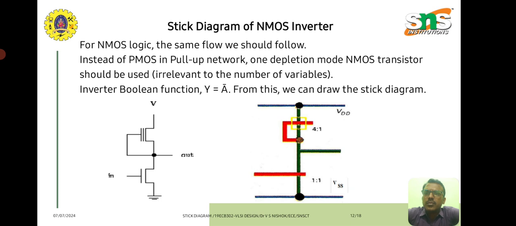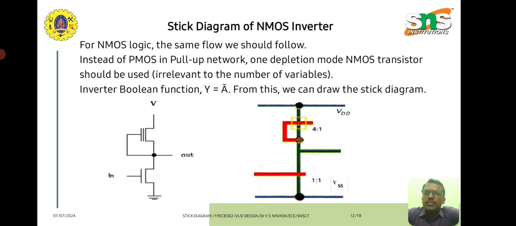Since this is NMOS logic, a common N diffusion layer is taken for the pull-up and pull-down networks. Now the pull-down network is over. Similarly, for the pull-up network, the depletion mode transistor comes along with the implant as shown here. Then the output is taken between the pull-up and pull-down network, which represents y equal to a bar.